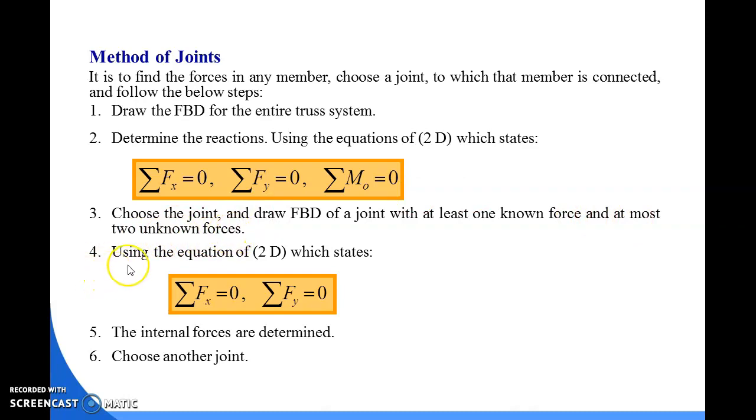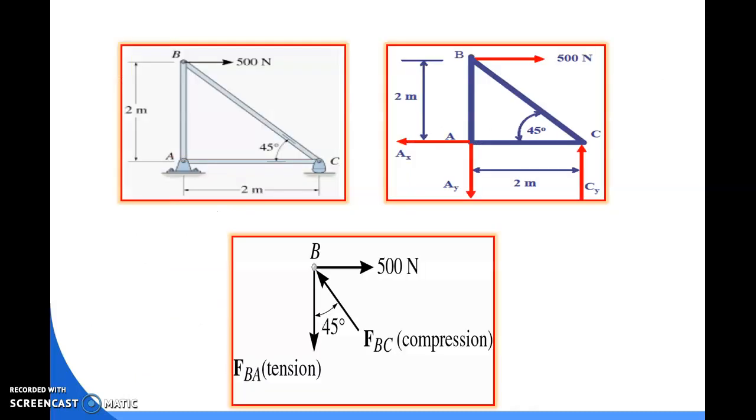Then in step 4, we use the equations of 2D, that is summation of Fx equal to 0 and summation of Fy equal to 0. Then in step 5, the internal forces are determined, and then we repeat the procedure until all the members are determined. Okay, so this is all about the method of joint.